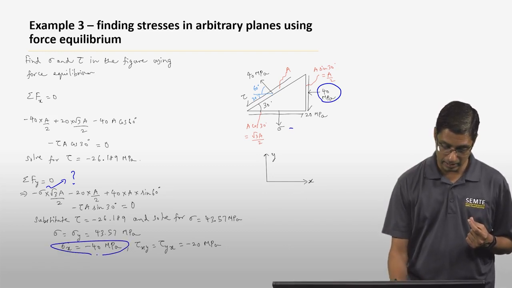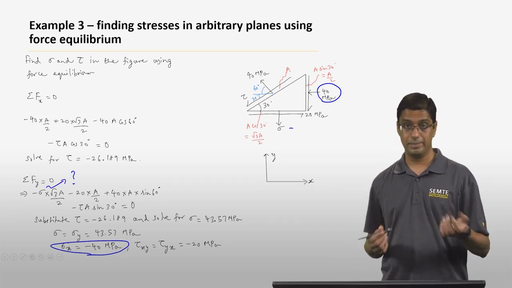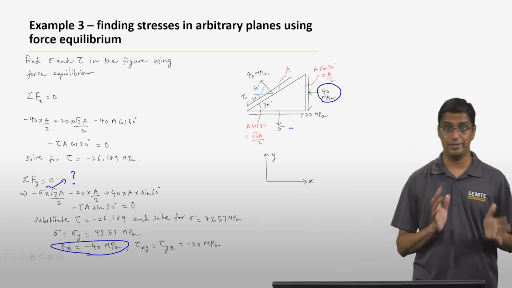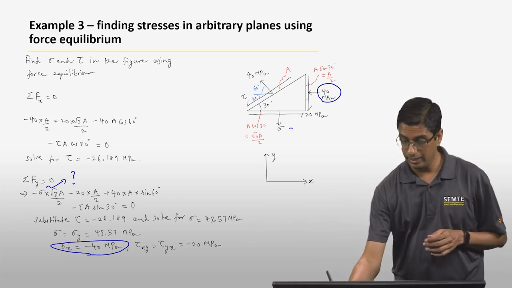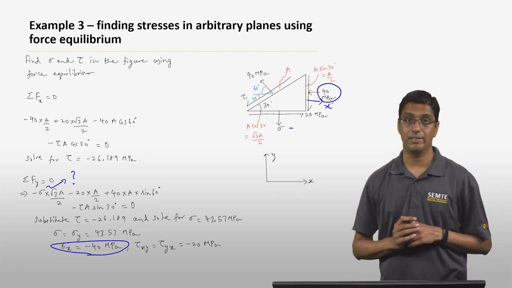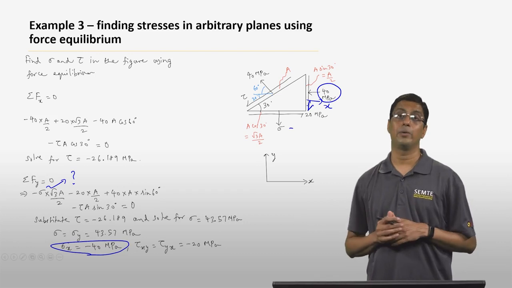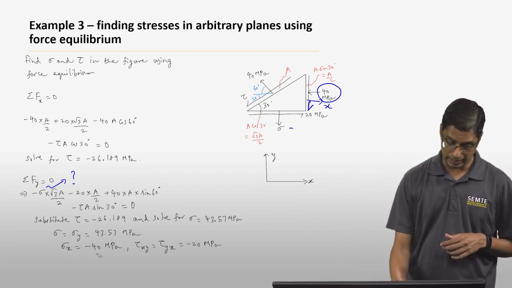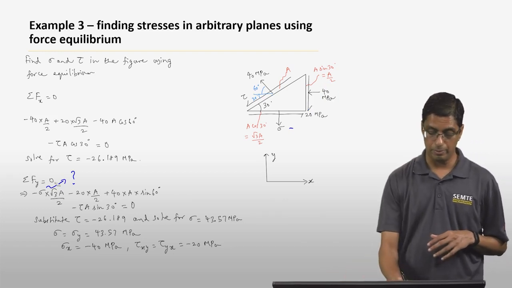And tau yx and tau xy, they are also negative. This is something that you can verify yourself, because with the notations that we have defined before, on a positive x-axis face, the force is in the minus y-axis. That's why that tau xy is negative. So the signs of the stresses you need to be careful about.